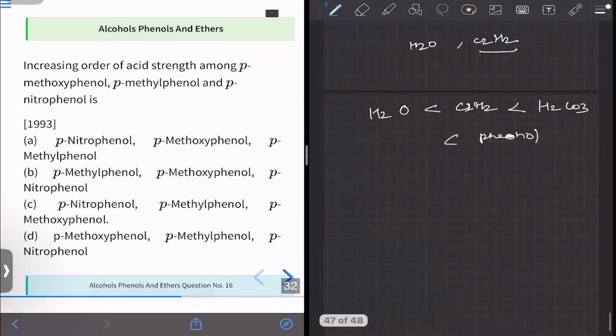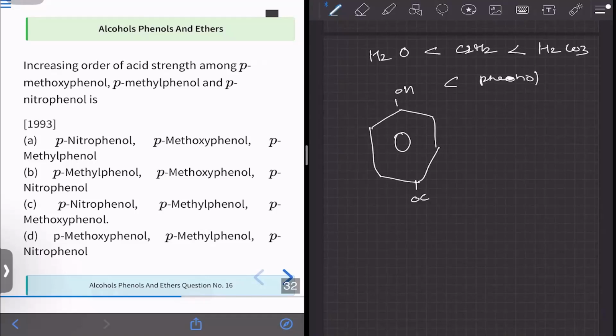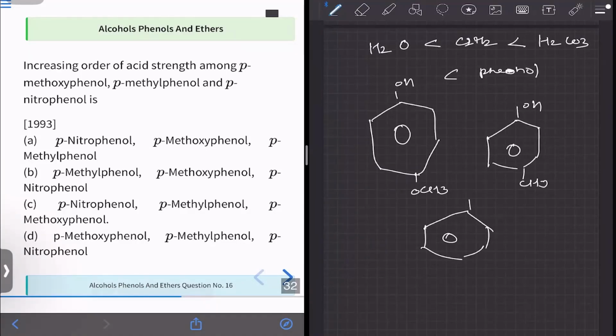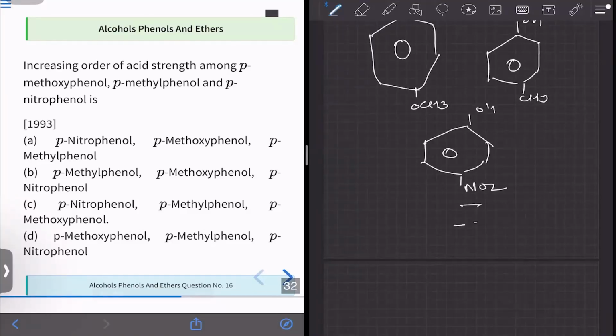Next one, increasing order of acidic strength among paramethoxyphenol, paramethylphenol, and paranitrophenol. They're asking for increasing acidic nature. The nitro group is a minus I group.